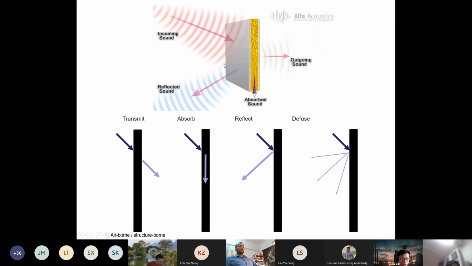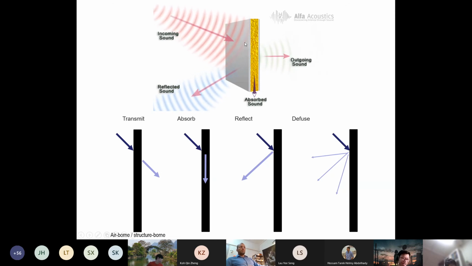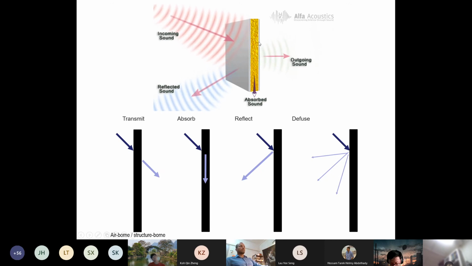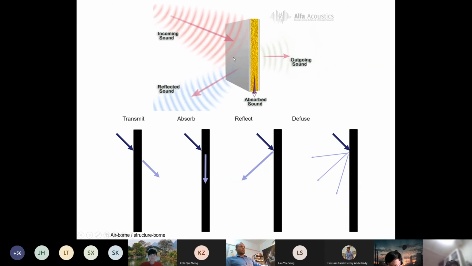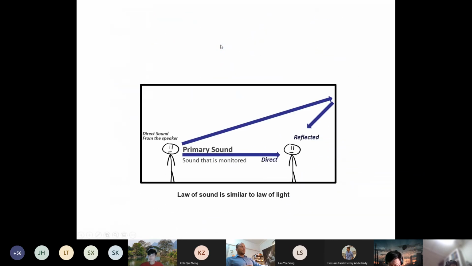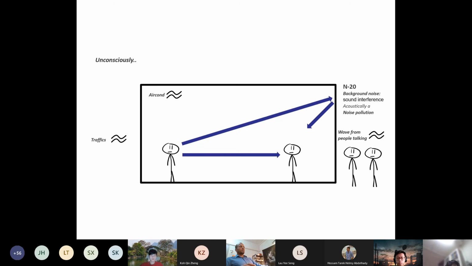Some amount will reflect, and some amount of the waves can be absorbed by the material of the walls of your building. So this reminds you of light. Light also depends on the material. Some will reflect, some will be absorbed depending on the transparency. So the laws of light are similar somehow to sound, or the other way around.